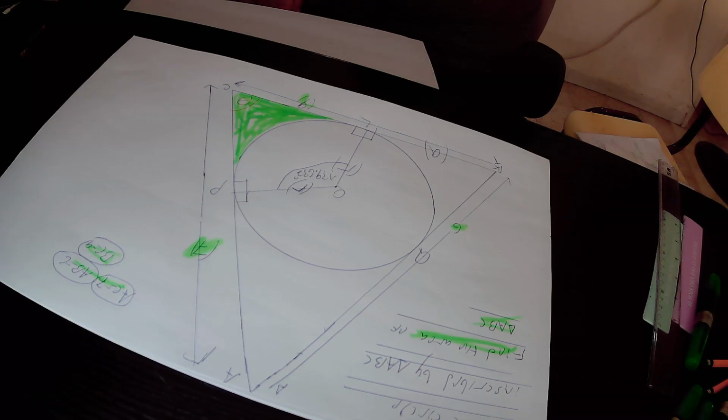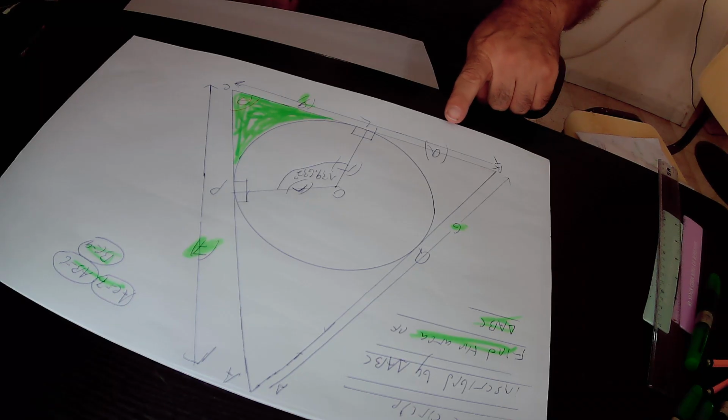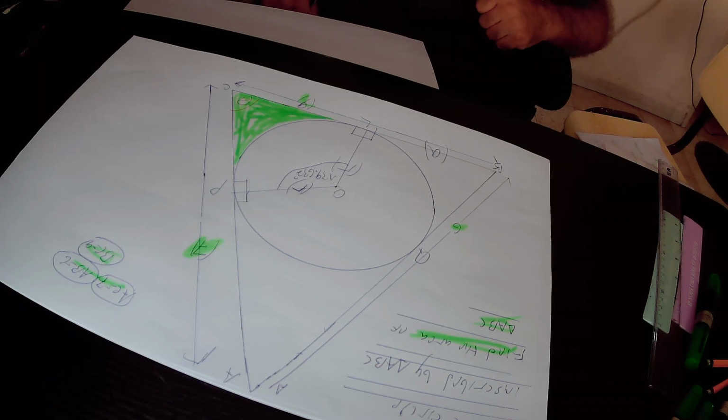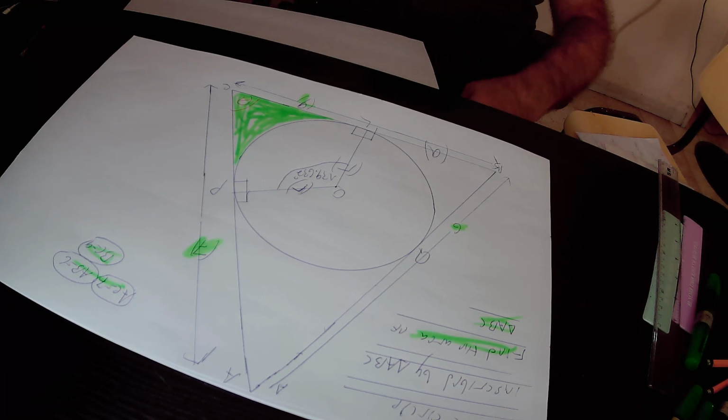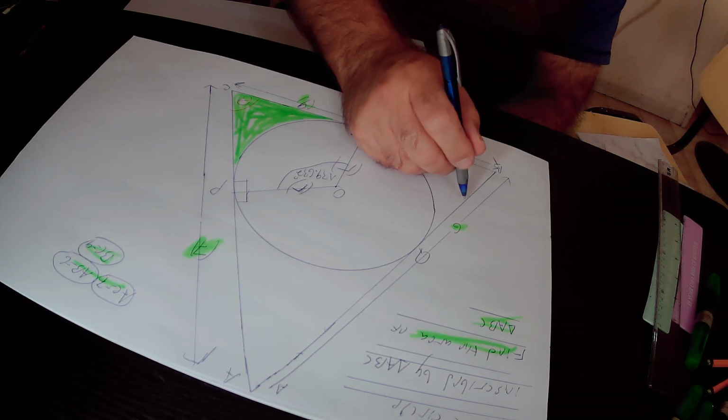And according to rule 2, they are equal to each other. That is to say, BL equals BQ. But BQ equals a, therefore BL equals a.